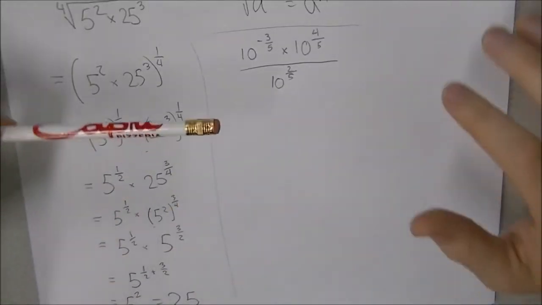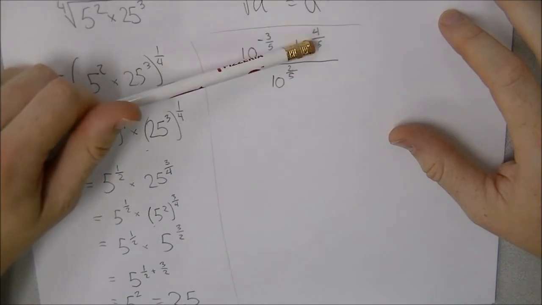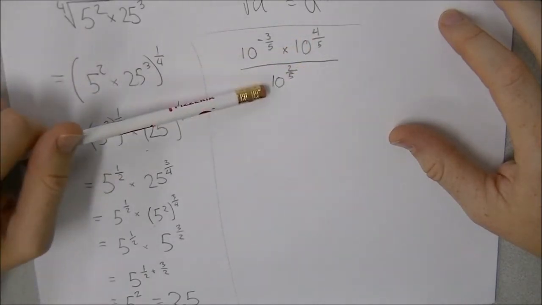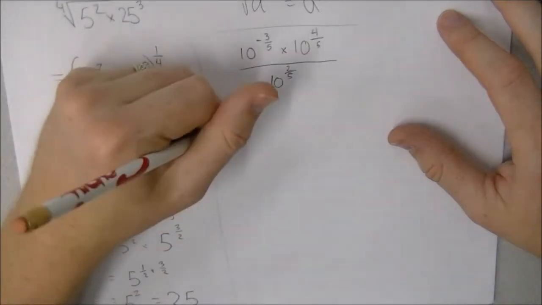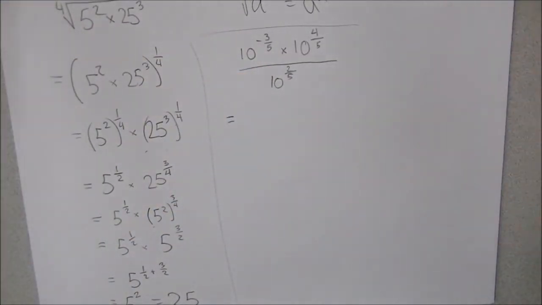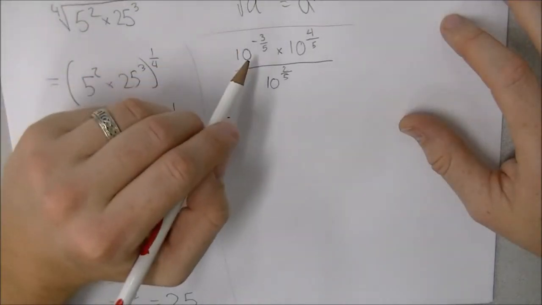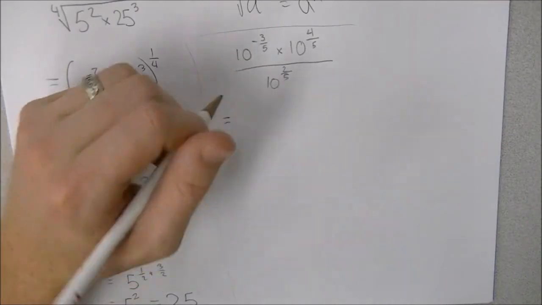Okay, here's another example. We have 10 to the negative 3/5 times 10 to the 4/5, all of that divided by 10 to the 2/5. So there are a number of first steps I could do here. I'm going to decide to use the rule, if I have the same base, I can then add the exponents.